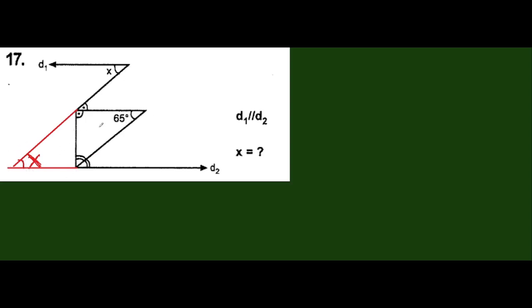So we'll put here x and x, here y and y, and here not x, but let's put alpha, y and y, z and z.